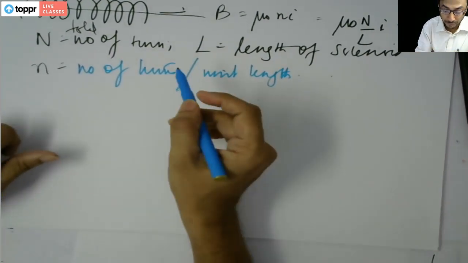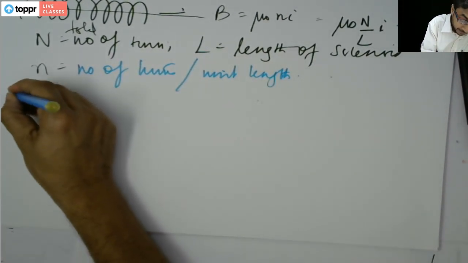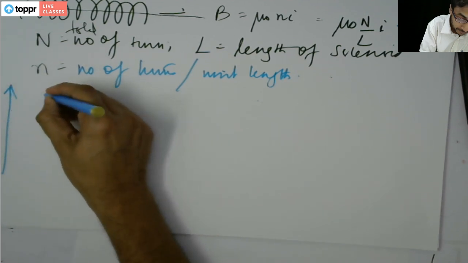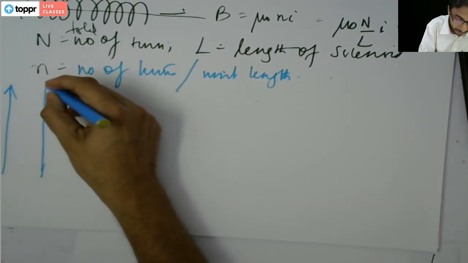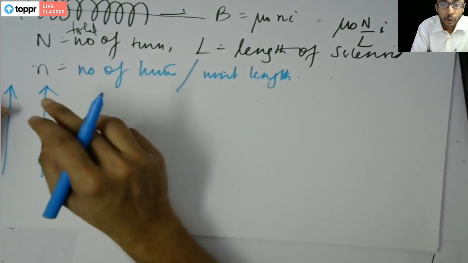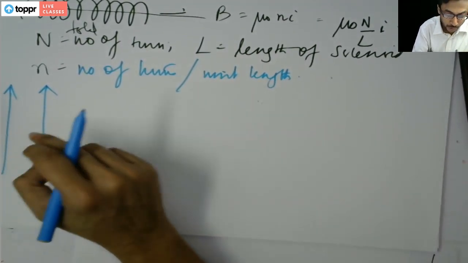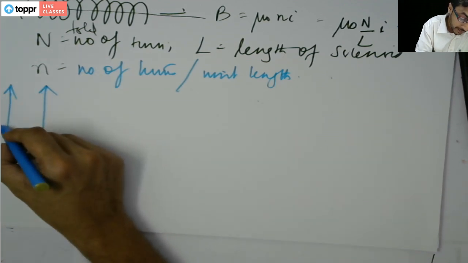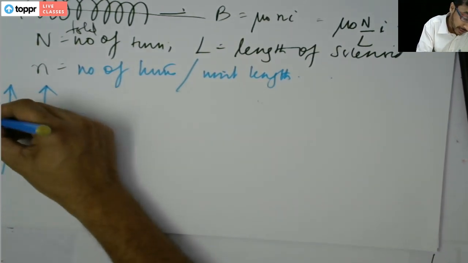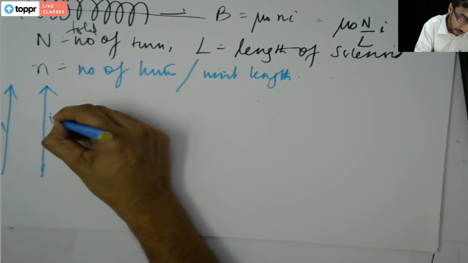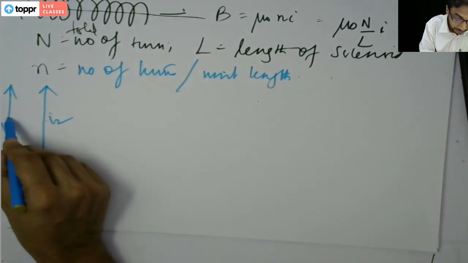There is another important formula, that is the force between two current carrying conductors. So there are two conductors carrying currents, say I1 and I2.